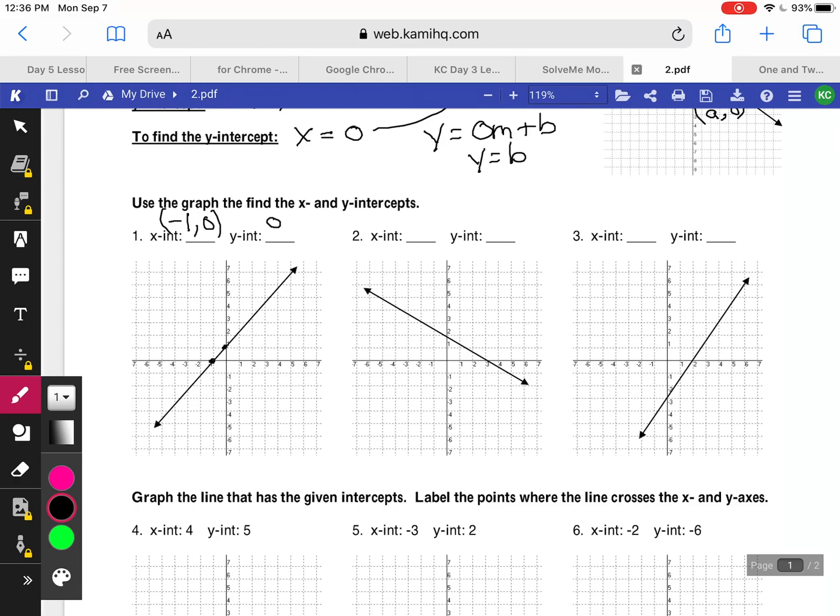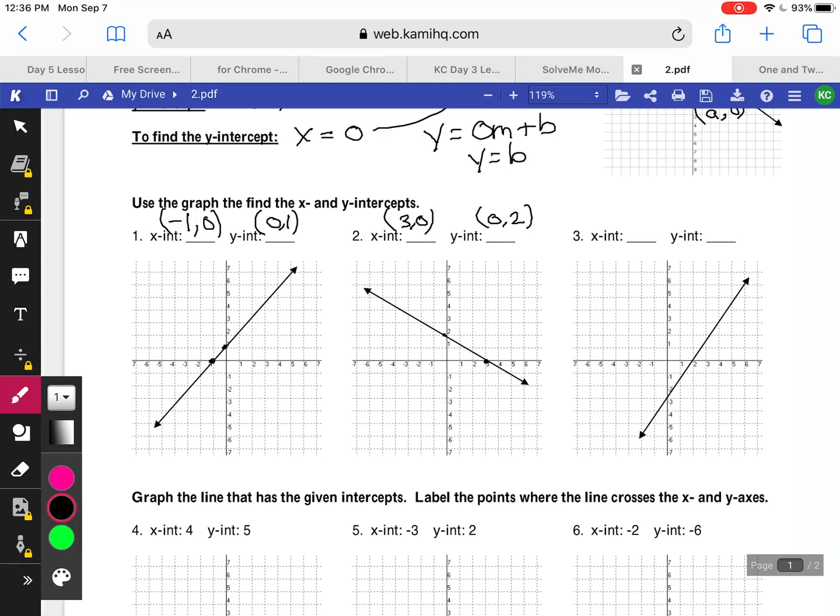So we are value 0 for x, and we are moving up 1 on that y-axis. We can go ahead and for all of these, we can define our x-intercept and our y-intercept. So we can see that it's (3, 0), and that y-intercept is (0, 2).